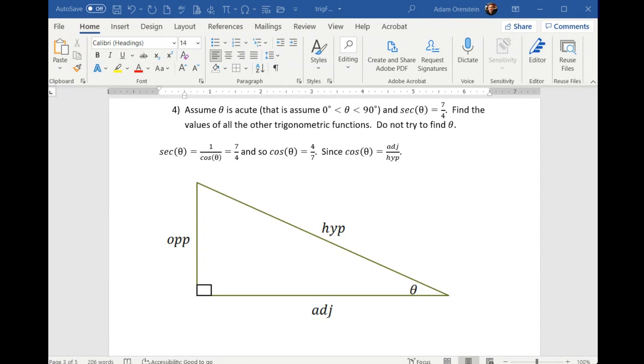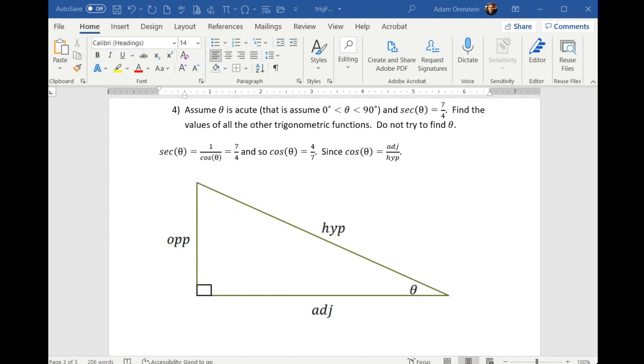Now again, you want to have a right triangle where cosine of theta is 4/7. Well, how do we do that? We know that cosine of theta is the length of the adjacent side divided by the length of the hypotenuse.